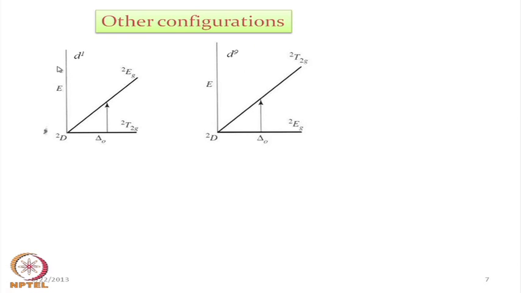Similarly, we have the hole formalism, that means the equivalent configuration and state for the D9 configuration. With respect to the D1, we have the same ground state term which is 2D, but the splitting, as we have seen in the Orgel diagram, is such that one is on the left hand side and the other is on the right hand side. So here now we have the 2EG state as the ground state and the 2T2G state as the excited state.